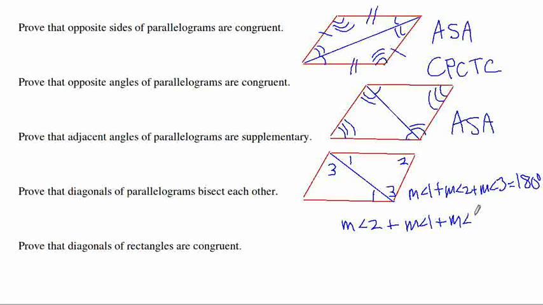So apparently the sum of supplementary angles is equal to the measure of the sum of angles 2, 1, and 3. Well, we already know that that's 180, so there you go. We've just proved that adjacent angles of parallelograms are supplementary.